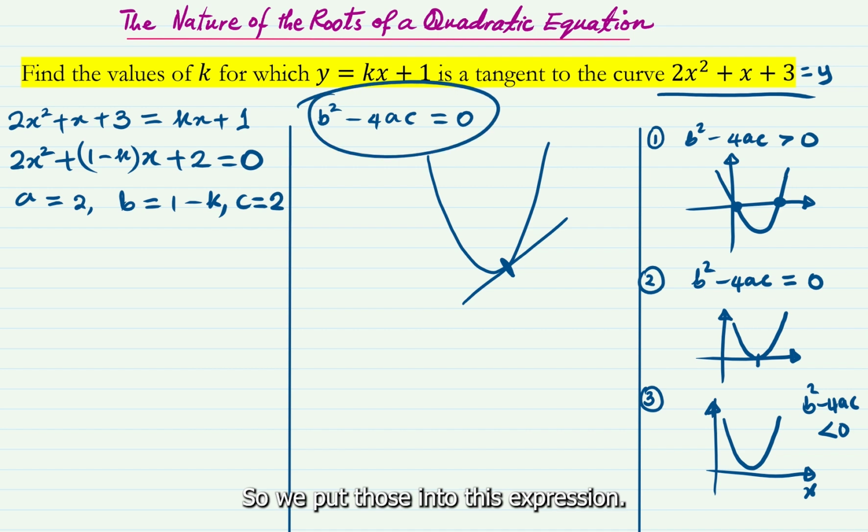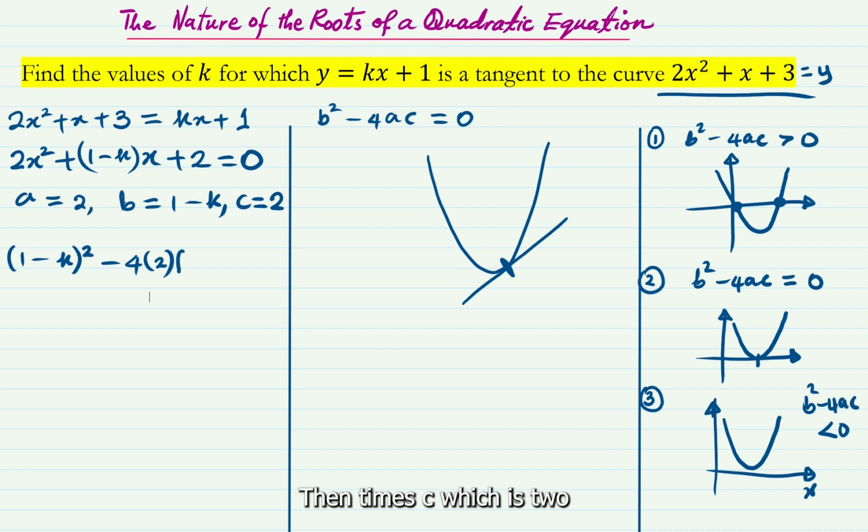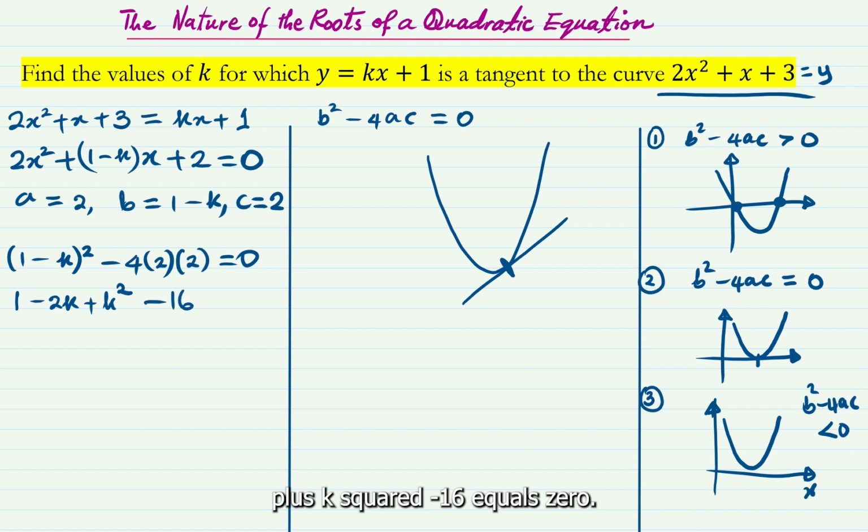So we put those into this expression, and then we will have (1 minus k) all squared minus 4 times 2, then times c, which is 2, equals 0. We simplify that to get 1 minus 2k plus k squared minus 16 equals 0. If we simplify this, we should have k squared minus 2k minus 15 equals 0.